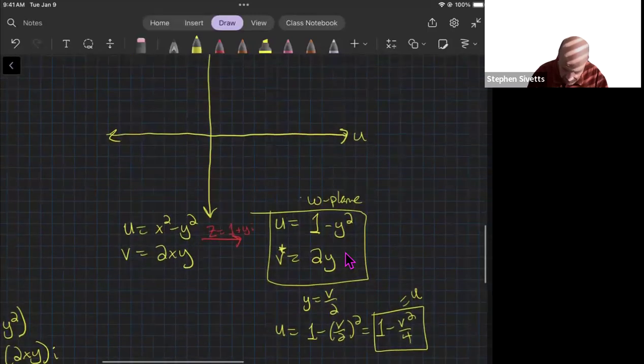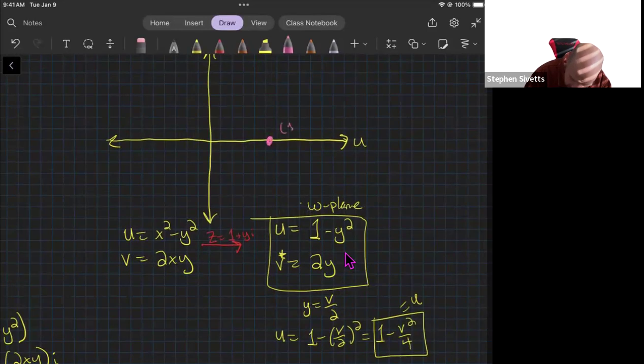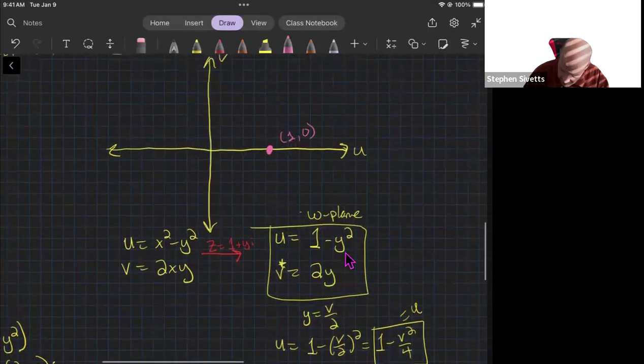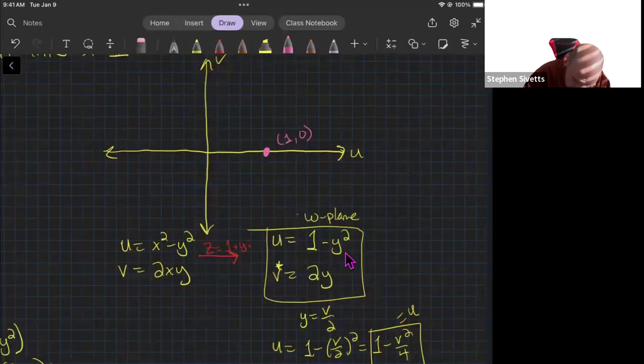So if v is 0, u is 1. So right here, we're going to start off. Actually, let me do another color. So this is the S prime. When v is 0, u is 1, so we'll have 1, 0. And what's interesting is that when v is 2, u is 0.